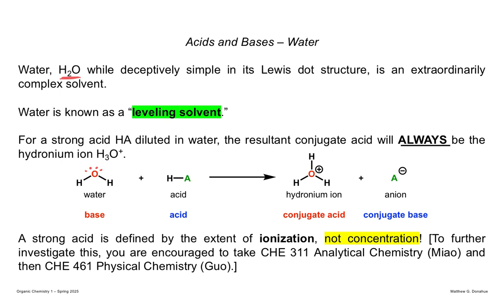And what it means is when you take a strong acid, which I'm going to define as HA, and again, A minus is the conjugate base of that acid. You dissolve that in water, you're always going to form hydronium ion as the conjugate acid. And then you get that anion A minus as the conjugate base.